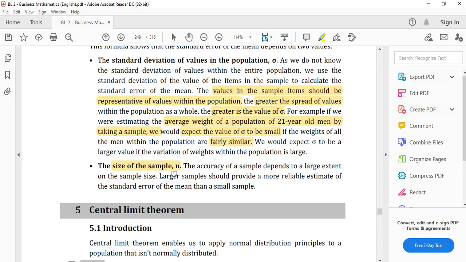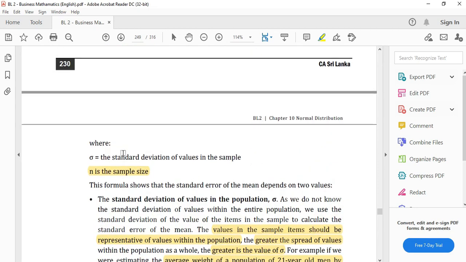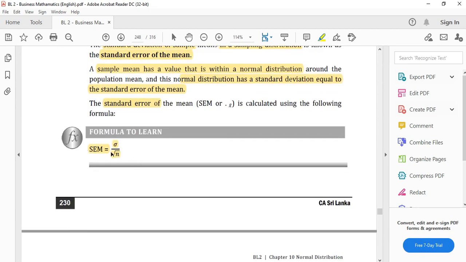Fine. And then the size of the sample, accuracy of a sample depends to a large extent on the sample size. A larger sample provides a more reliable estimate of the standard error of the mean than a small sample. So that's why we consider sample size in the standard error of the mean.